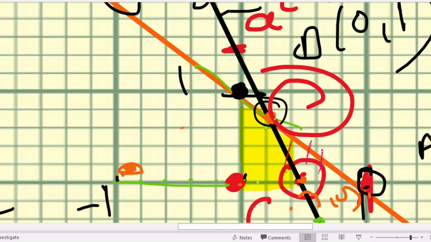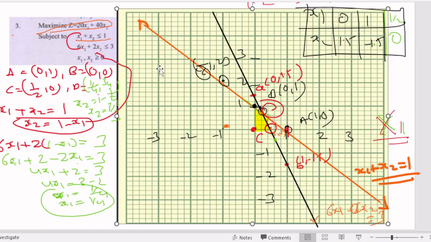So somewhere x is 1 by 4 and y is 3 by 4. So from y is 3 by 4, here 1 by 4. So either you can capture it from the graph or solve the equations simultaneously. You will get the answer. So we now have 4 points and we need to find the values at these points of the given equation.